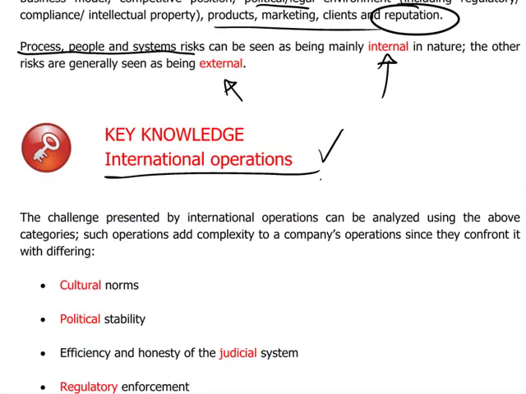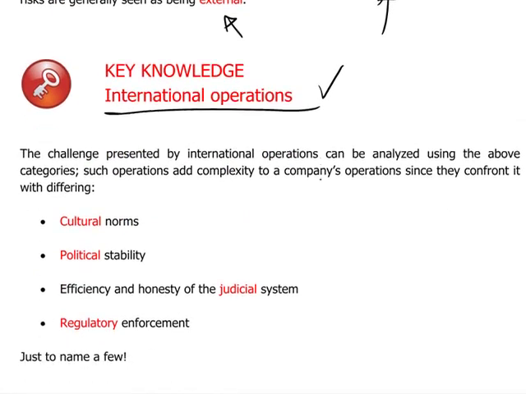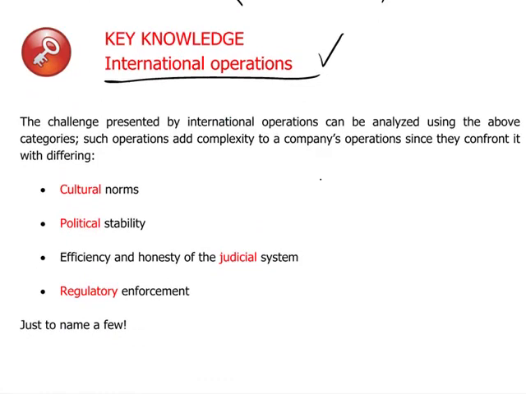They become much more complex because as one expands one's business activities across different nations and continents, one has to take into account differing cultural norms, political stability, which can vary tremendously, and then, of course, the kinds of legal systems that one is confronted with.